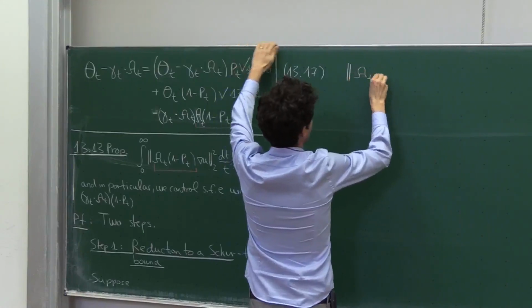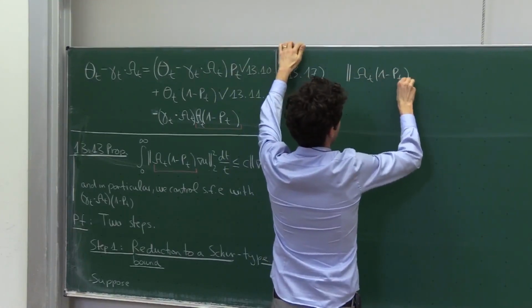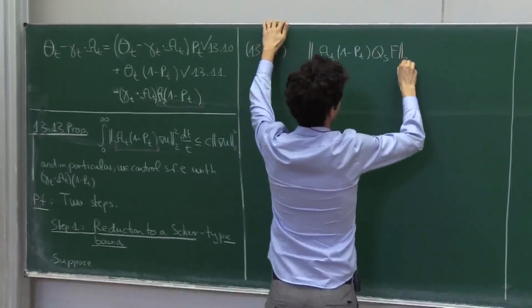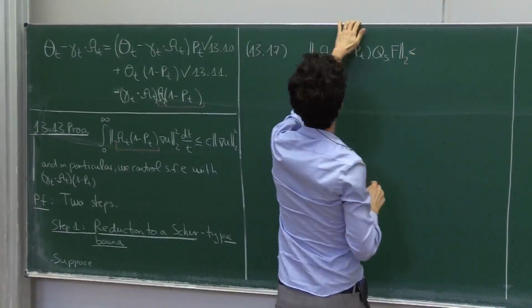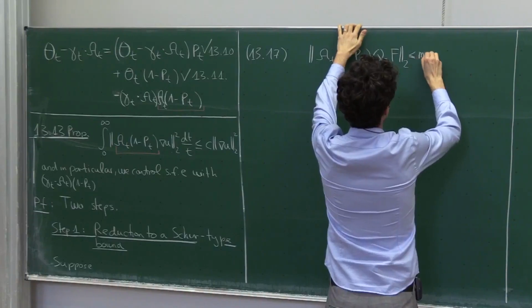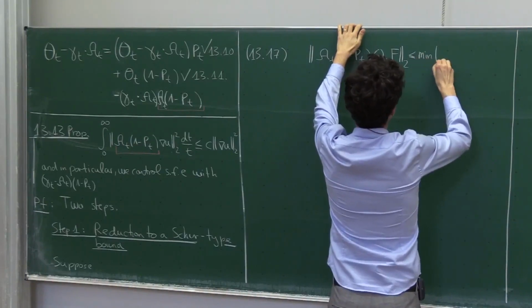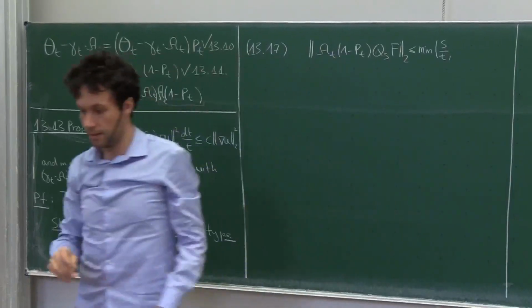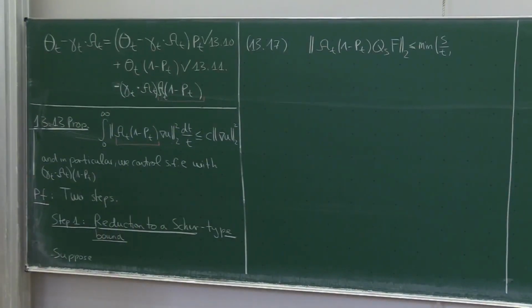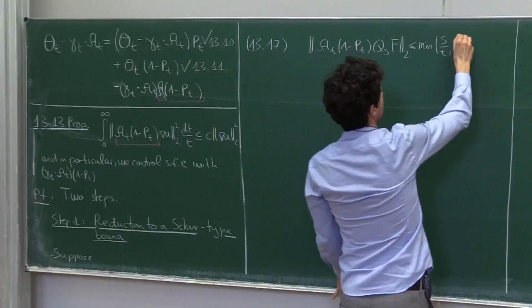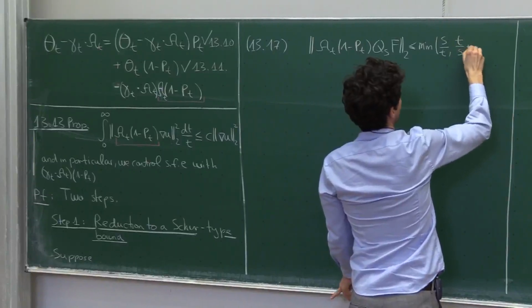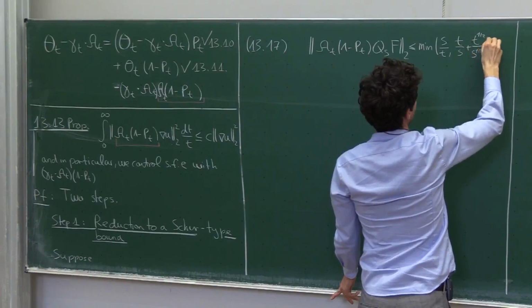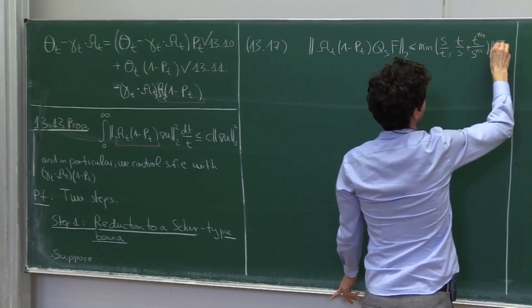A_t(1 - P_t)Q_s of f is controlled by the minimum of s over t, and t over s, plus t^(1/2) over s^(1/2), times f.